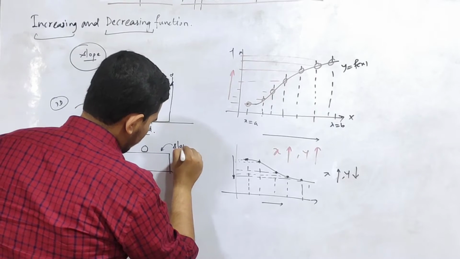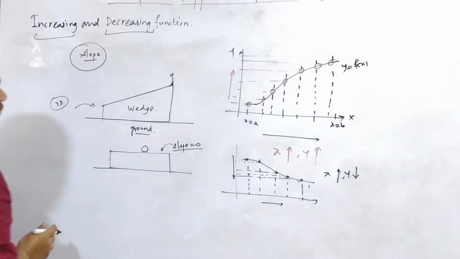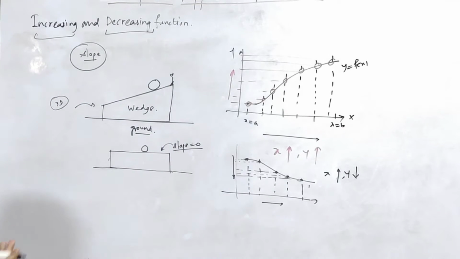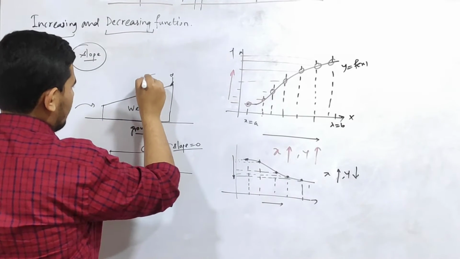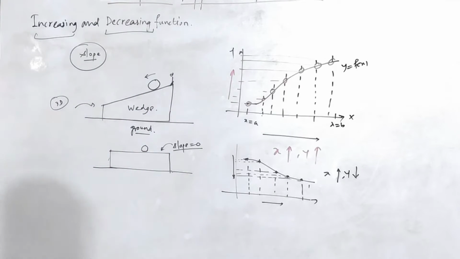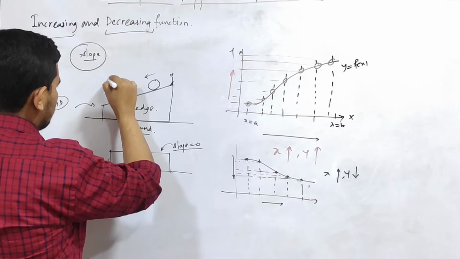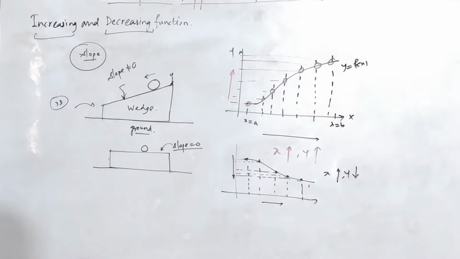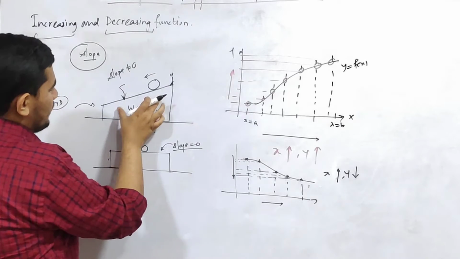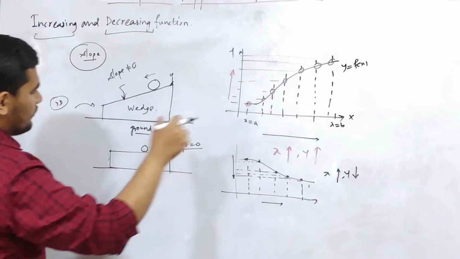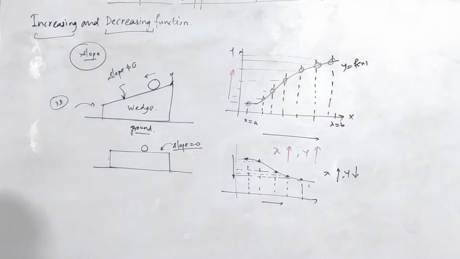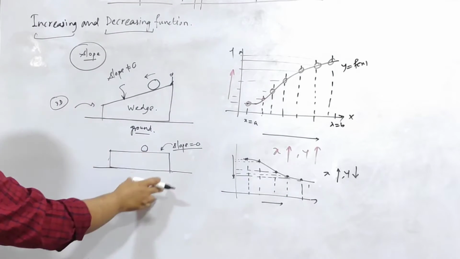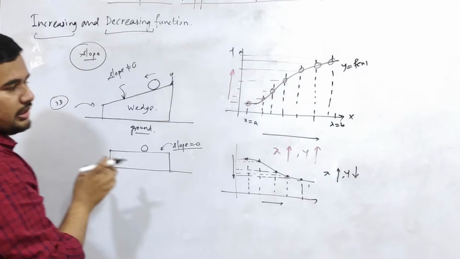But if I put a ball here, our general tendency is to think that the ball will always move down. So this waste surface has a non-zero slope. The basic physical nature of slope is that if I put a ball on the surface, the ball will roll down, while here the ball will not roll and will remain stationary at whatever position we kept it.